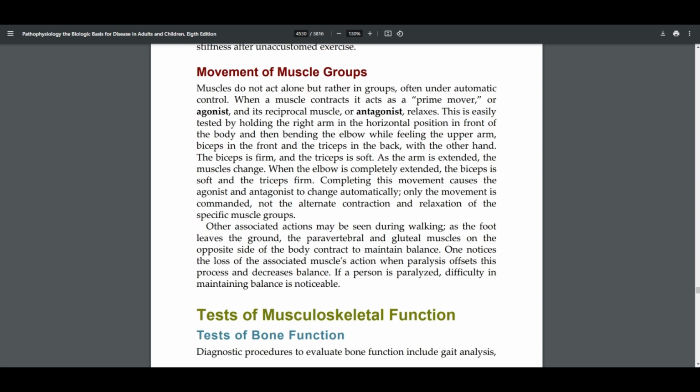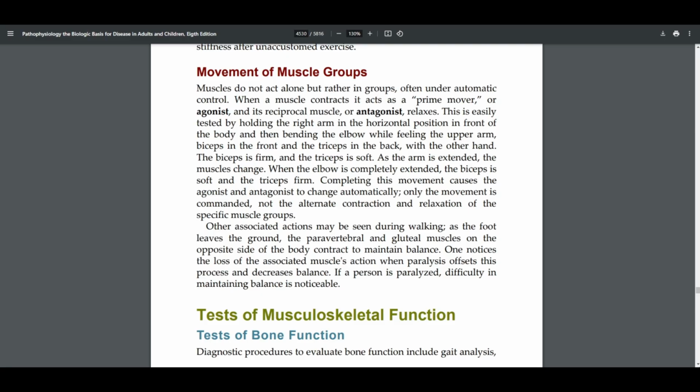Movement of muscle groups. Muscles do not act alone, but rather in groups, often under automatic control. When a muscle contracts, it acts as a prime mover or agonist, and its reciprocal muscle, or antagonist, relaxes.